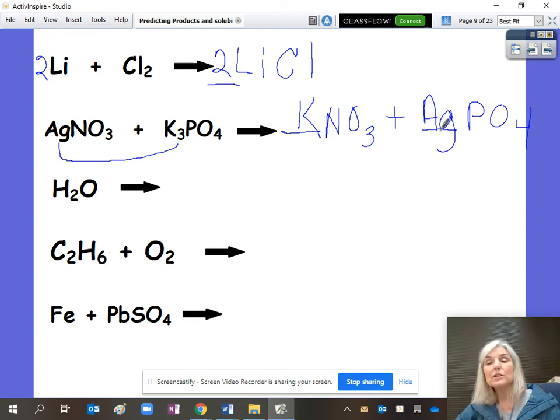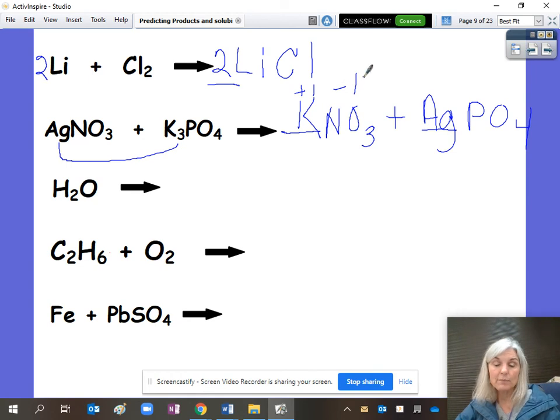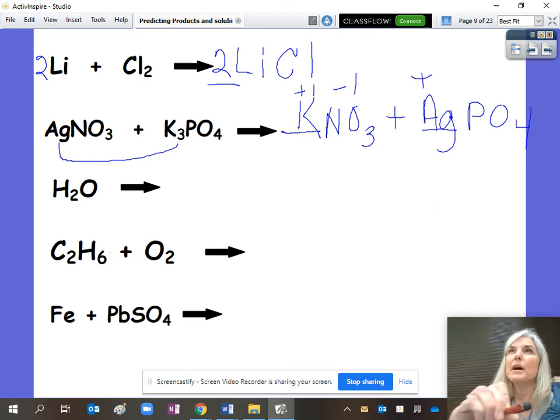All right, so now we have to make sure when we put those new elements together, do we have the right formulas? Well, potassium is +1, nitrate is -1. So you have to look on your polyatomic sheet and your periodic table to make sure you know that. Silver is +1, but phosphate is -3.